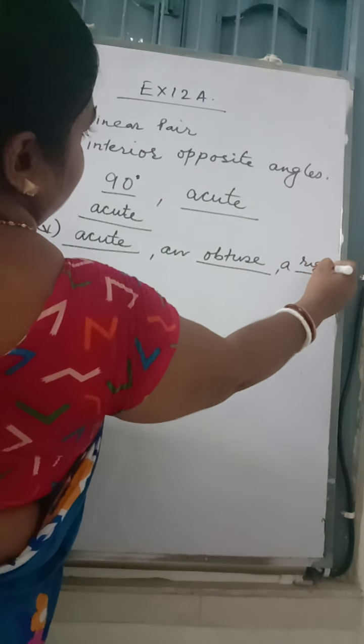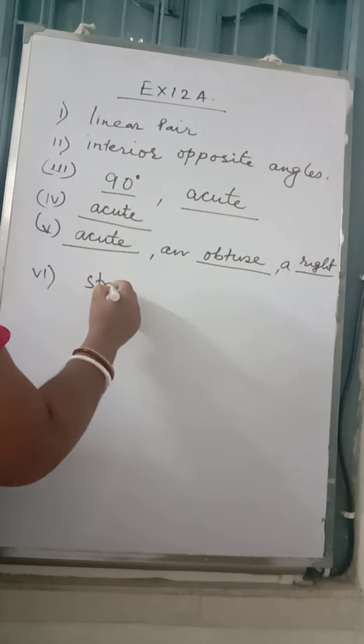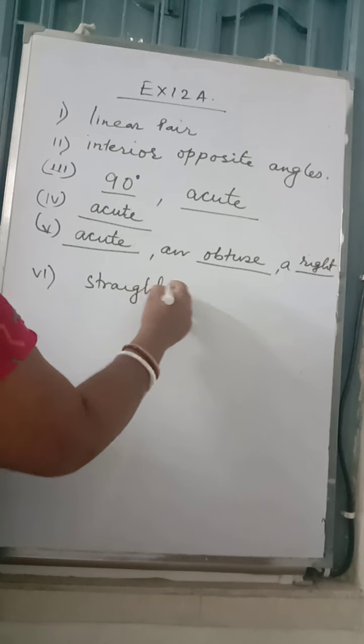Does not matter what angle it is. Now number 6, an exterior angle cannot be a straight angle. Either it can be acute, obtuse or right, but it never would be a straight angle.